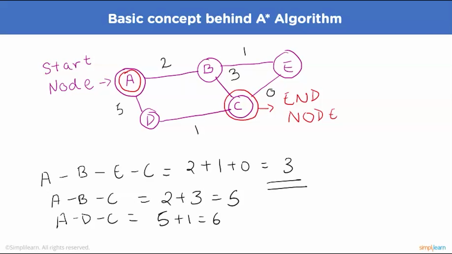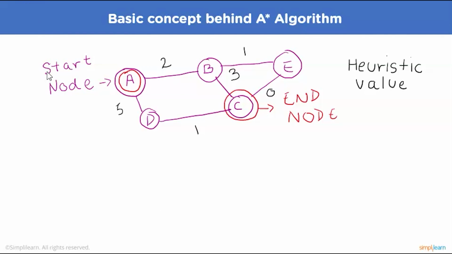Now, to overcome this, programmers make use of something called heuristic values. What are heuristic values? So far, using a weighted graph, we've given importance to our paths. We found out which paths are the easiest to take and which paths are the ones which give us a higher cost of implementation. Now, using heuristic values, we're going to do the same to our nodes.